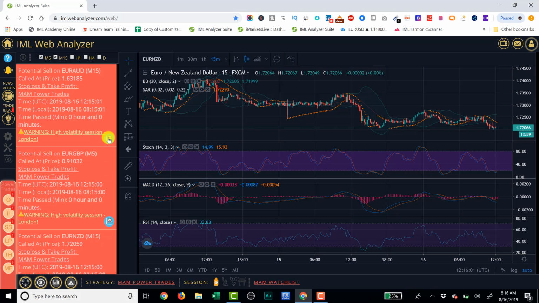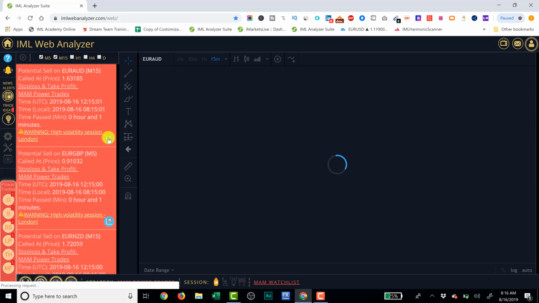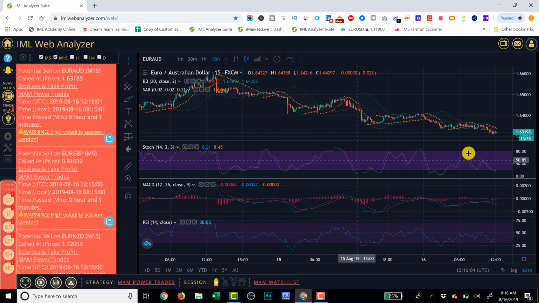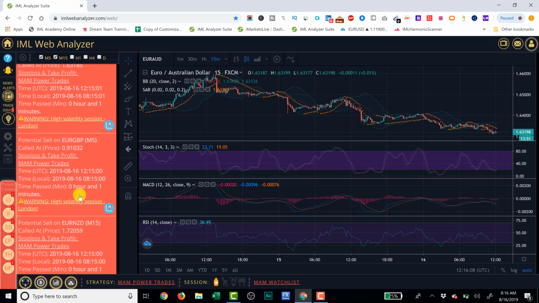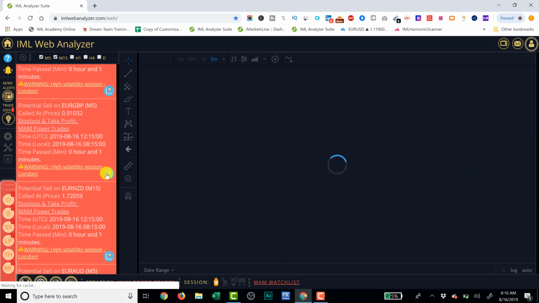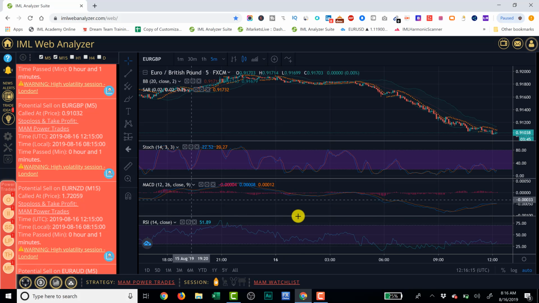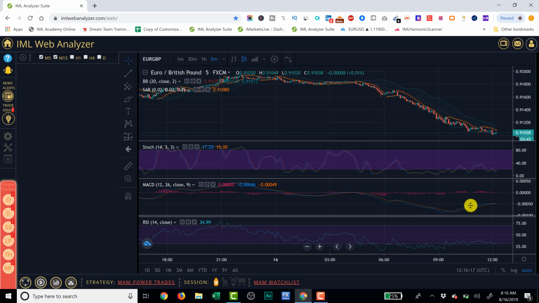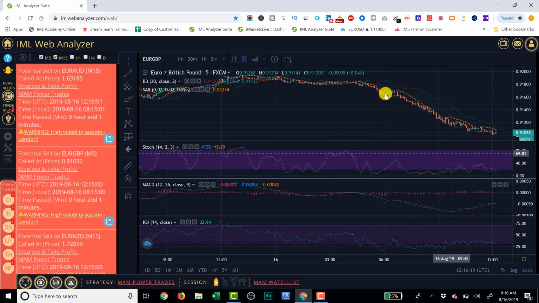Let's go back up here. This is the 15-minute. We just made some money off of this one, so it's saying it's almost ready again. So we're going to let that chill. And let's check Euro Pound. It's still in a crazy downtrend, man. You can be risky and bust a trade, but you don't know, it's starting to flatten out.